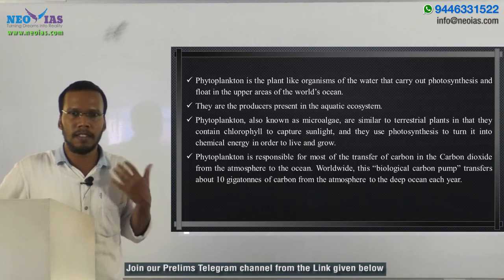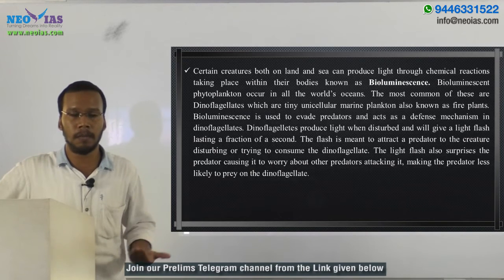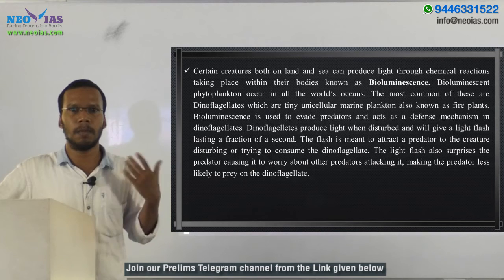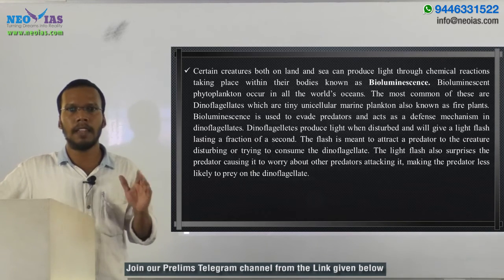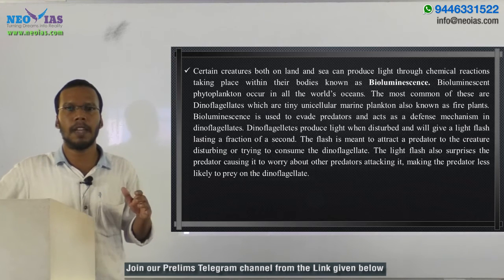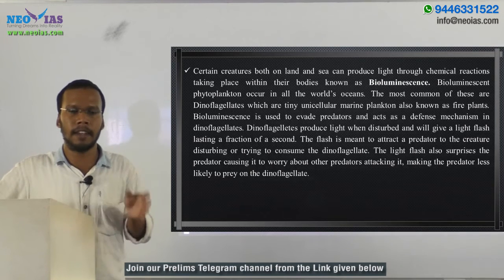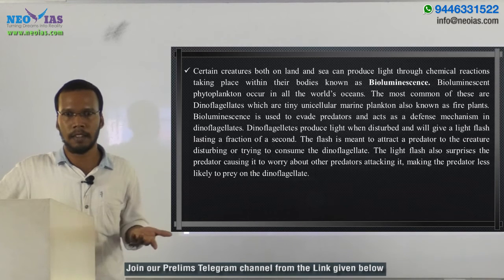Now regarding the bioluminescence process, we know that certain animals or living organisms have the capacity to produce light using chemical reactions, like fireflies. Like these fireflies, some of the phytoplankton can also emit light, especially the dinoflagellates. We know that dinoflagellates and diatoms are the two broad categories under phytoplankton.